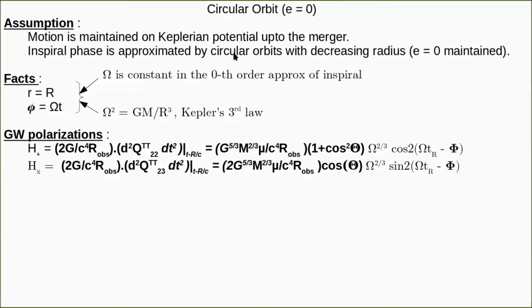So in the case of a circular orbit, there are two assumptions for simplicity. The first is that motion is maintained on the Keplerian potential up to the merger. It's an assumption, because we know that when two masses come very close, the Keplerian potential is an incomplete expression for the actual potential. So we can take this as an assumption. And the second one is that the inspiral phase is approximated by circular orbits with decreasing radius.